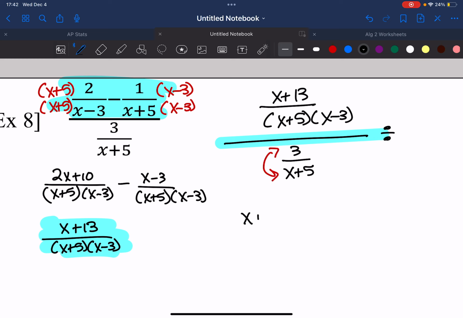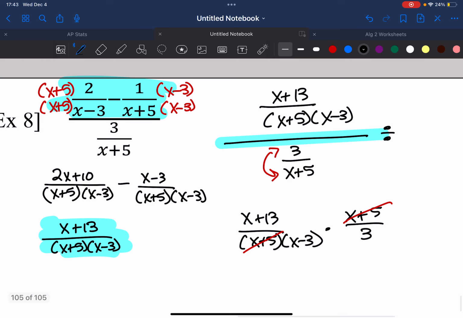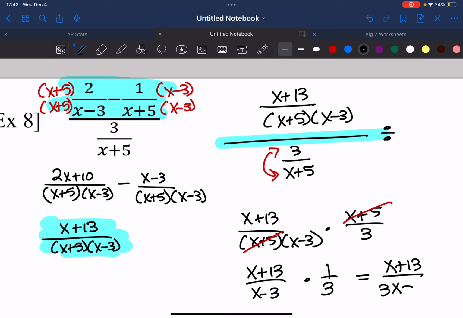So I have x plus 13 over x plus 5 times x minus 3 times x plus 5 over 3. I can cancel x plus 5 on the diagonal, and I'm left with x plus 13 over x minus 3 times 1 over 3, which gives me x plus 13 over 3x minus 9. That's my answer.